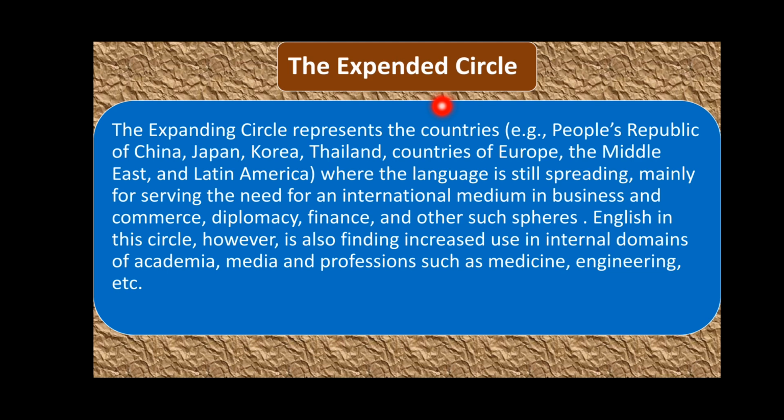Because America became the most powerful country, right? And she has influence around the world, everywhere. So because of political and economic factors, English is expanding in those countries also which were not colonized by Britain, right? So this is the third circle.